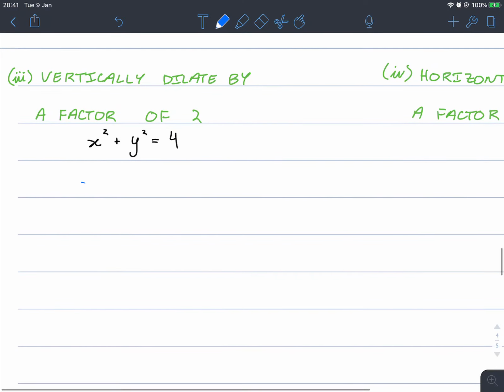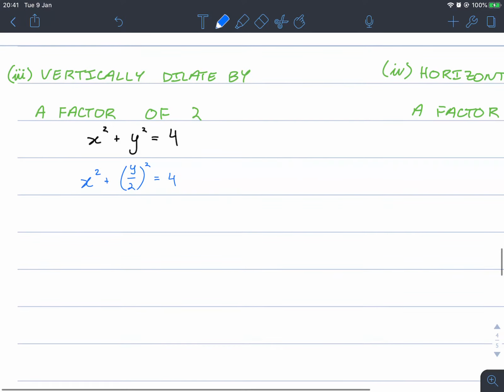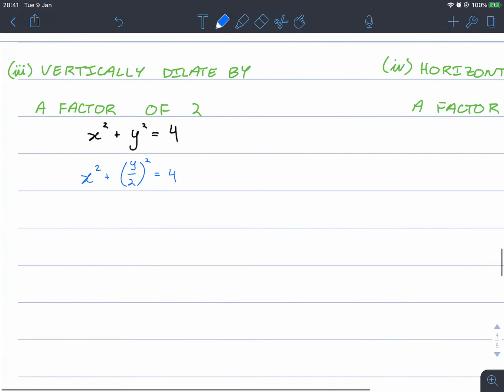So this will become x squared plus y on 2 squared equals 4. This will give me x squared plus y squared on 4 equals 4. This cannot be simplified.